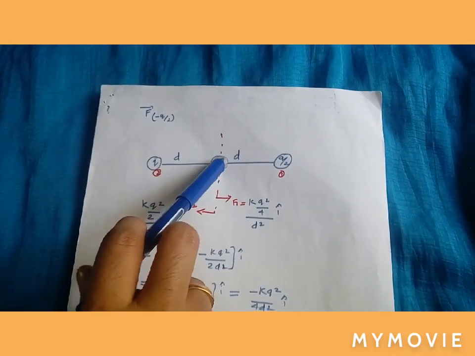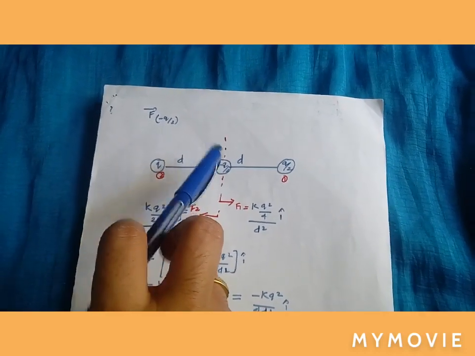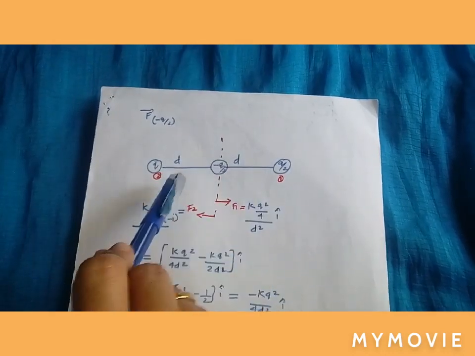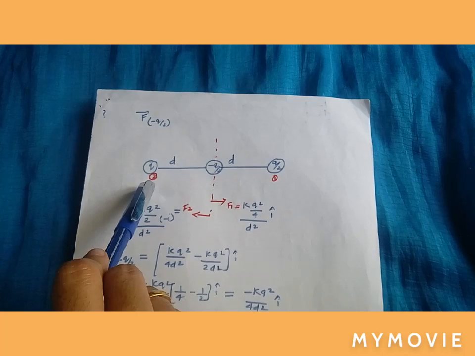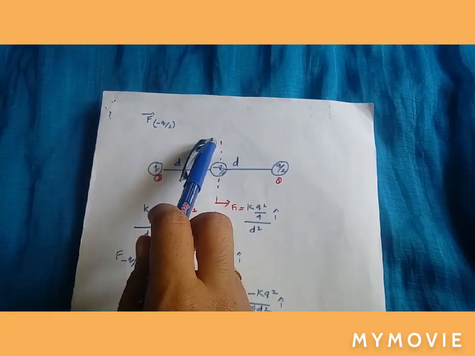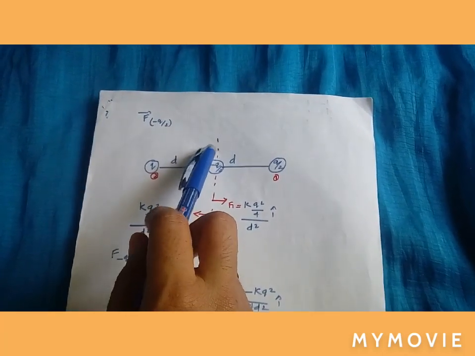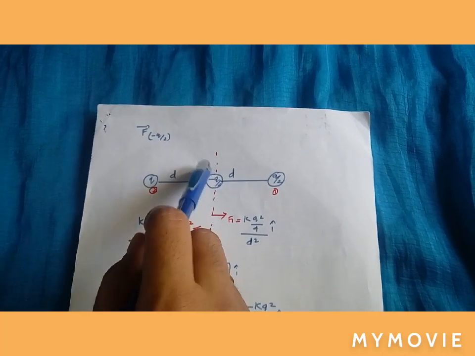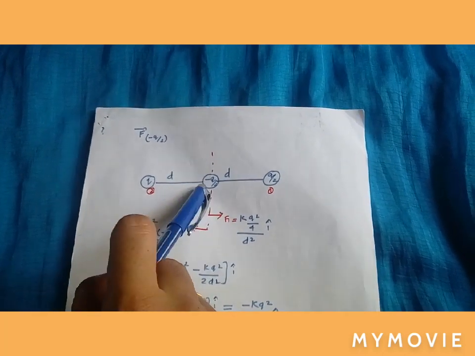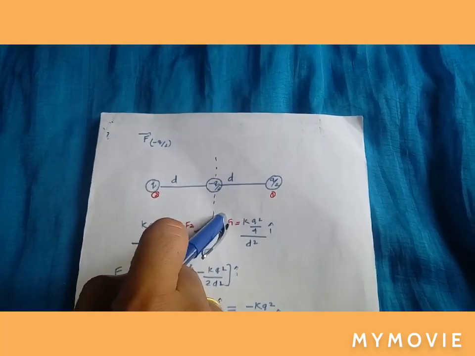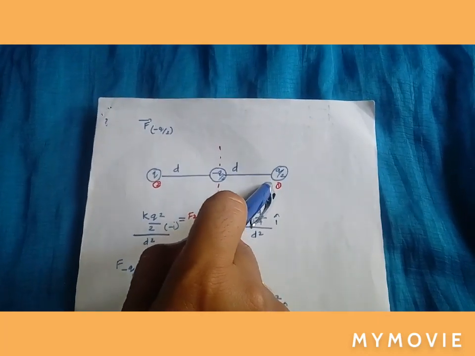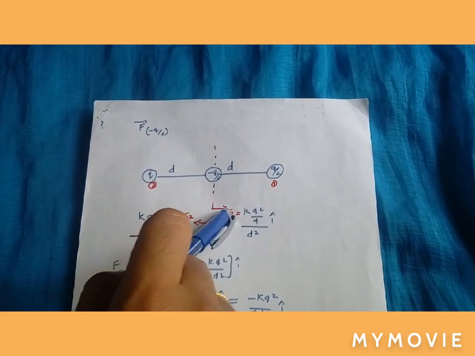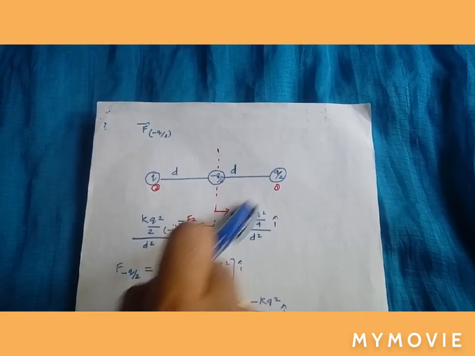So minus q by 2 is this charge, and we name the other charges, this is the first charge and this is the second charge, and we mark the charge on which we have to find the force, and consider the other charges. Minus q by 2 is here, and this is plus q by 2, that is attraction, that is towards the charge, that is F1 due to the first charge.